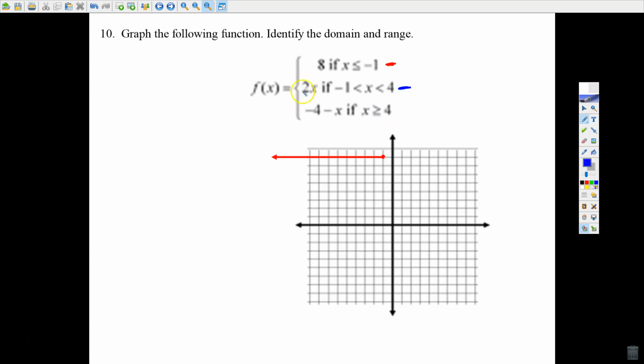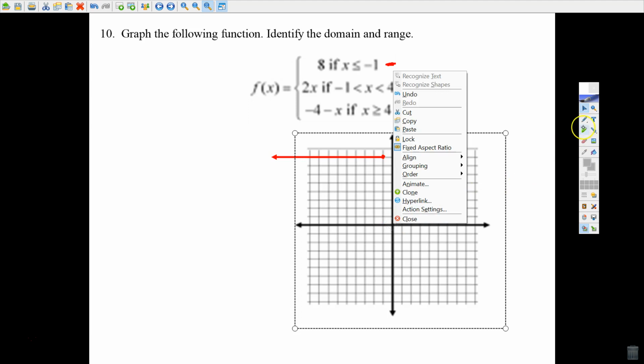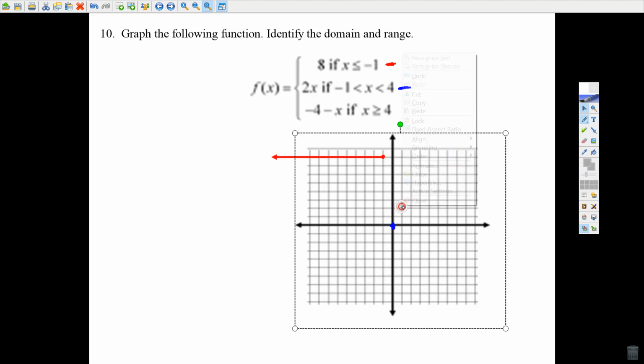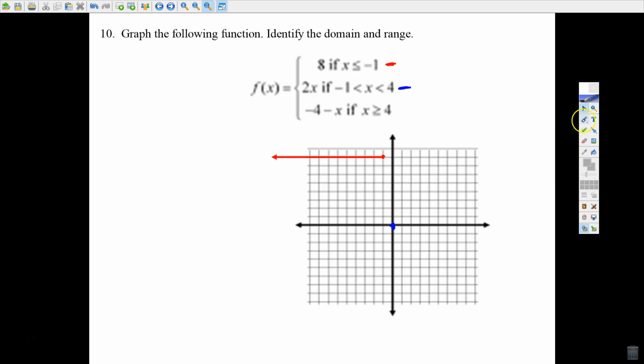This says we're going to draw the line f of x equals 2x, which has a y-intercept of 0 and a slope of 2. So there's a y-intercept of 0, slope of up 2, right 1.